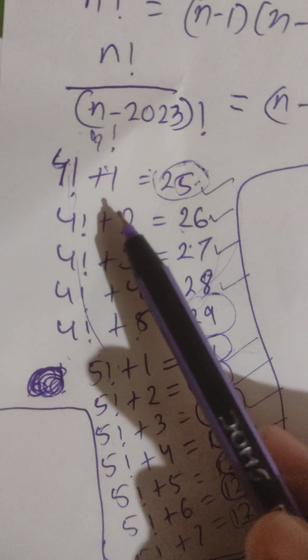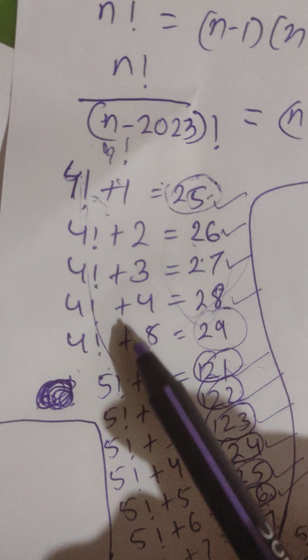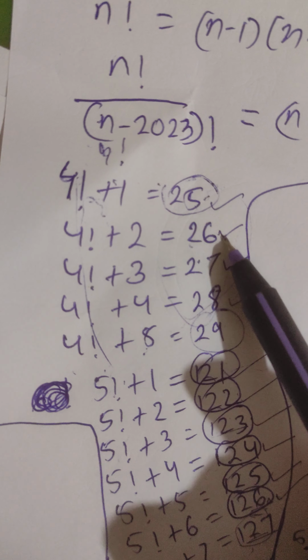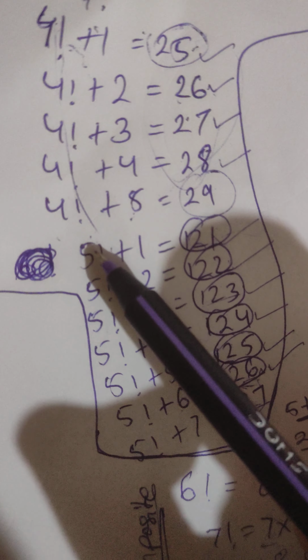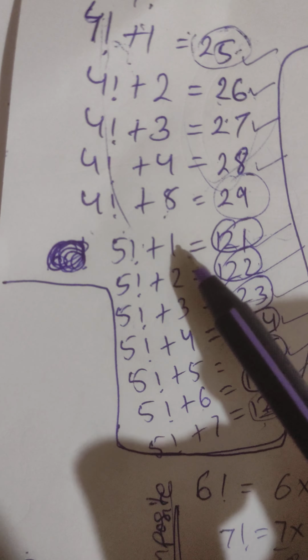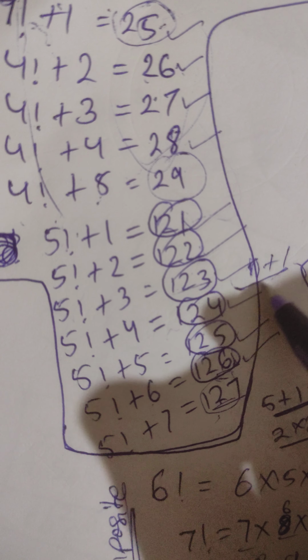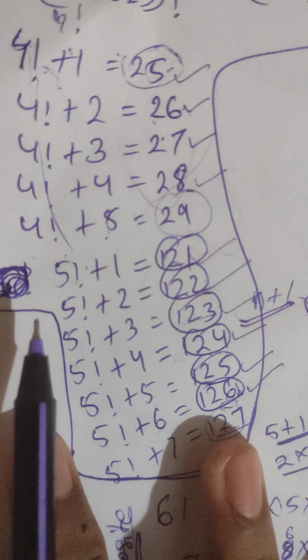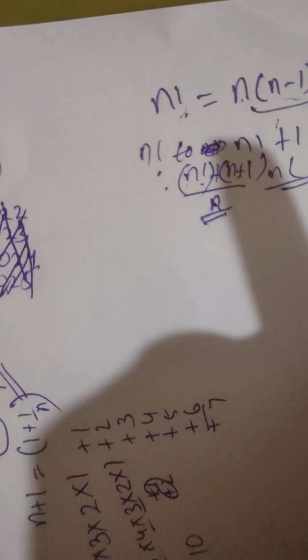But the thing is, when we do the same with 4 factorial, we get 4 consecutive composite numbers. But when I did the same for 5 factorial, I am getting 5 plus 1, 6 composite numbers, like n plus 1 composite numbers. But according to what I did here, this must not be the case. So I did it for some particular cases, like 6 factorial again, 7 factorial again.